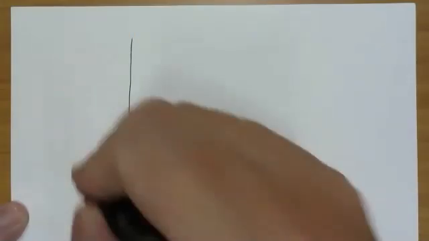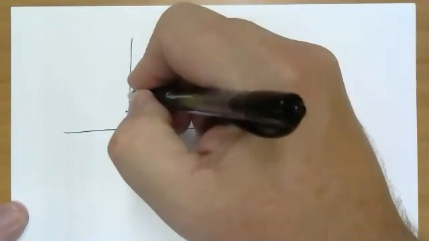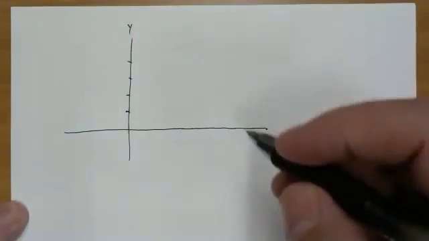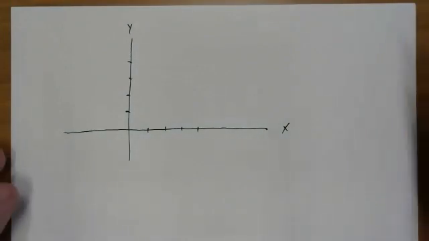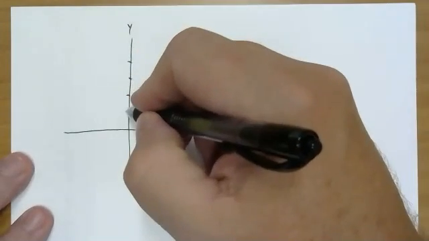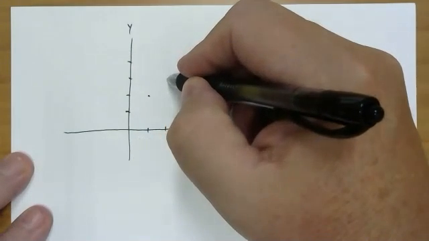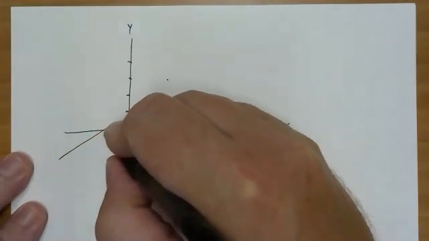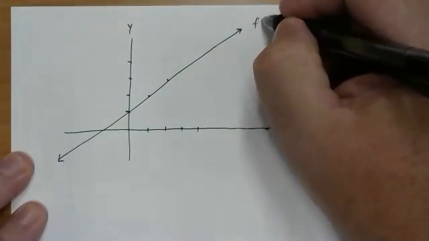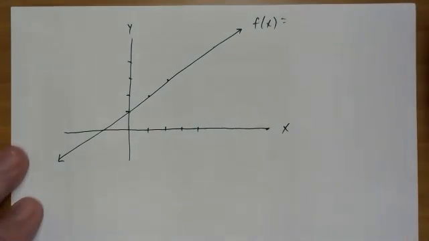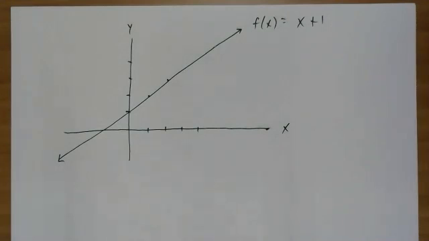How about we make it a little more interesting than just a horizontal line? How about I draw a diagonal line, and just to make sure I get it straight, let's do like this. As it turns out, the equation of this line should be x plus 1.